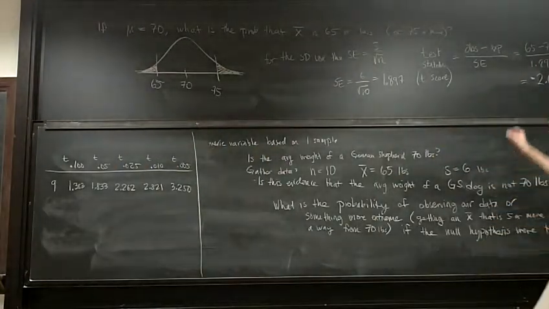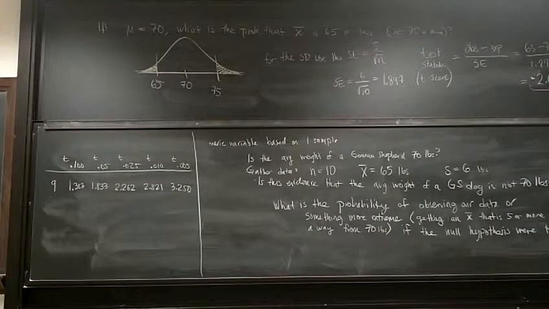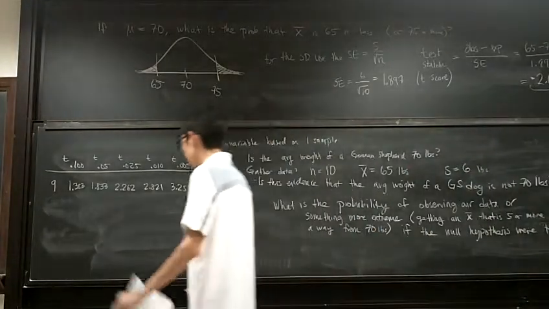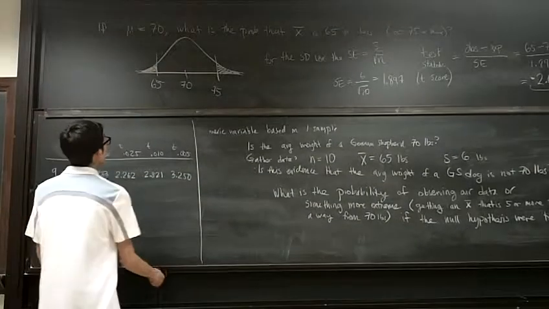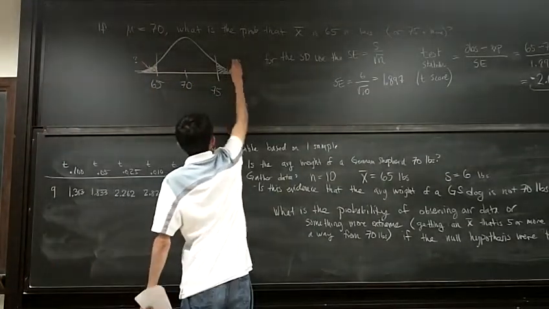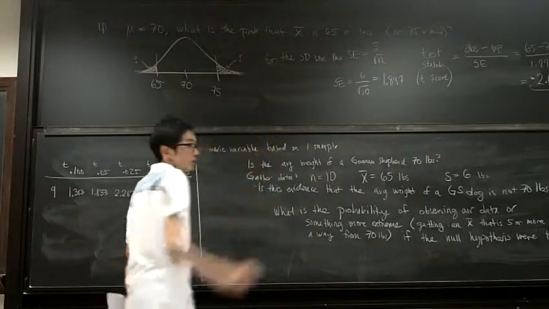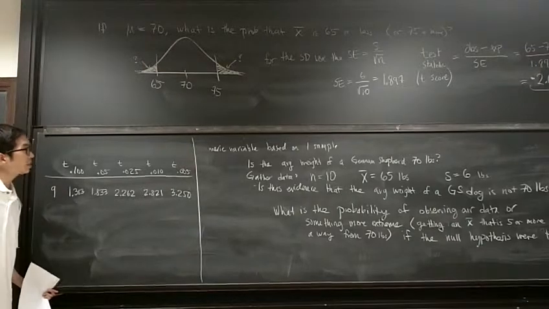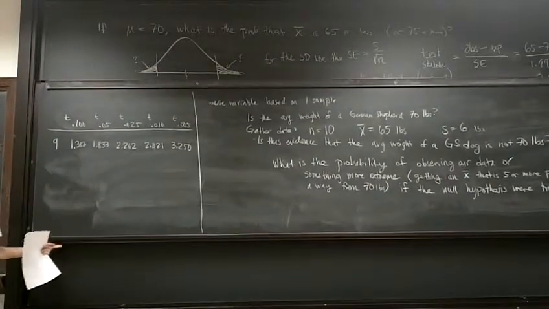So our test statistic is negative 2.635. What we want to know is how much is in this tail and how much is in that tail. Let me tell you how we use this table.